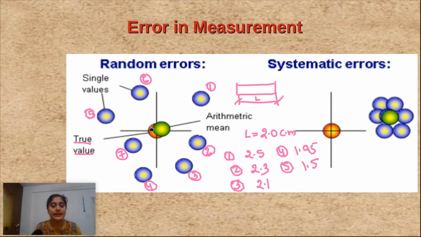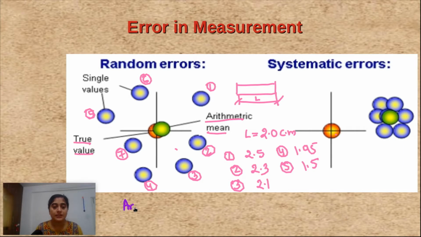When you take the arithmetic mean, this green color is the arithmetic mean, of these measured values, it comes very close to your true value. And how can we calculate the arithmetic mean? I think everybody knows.